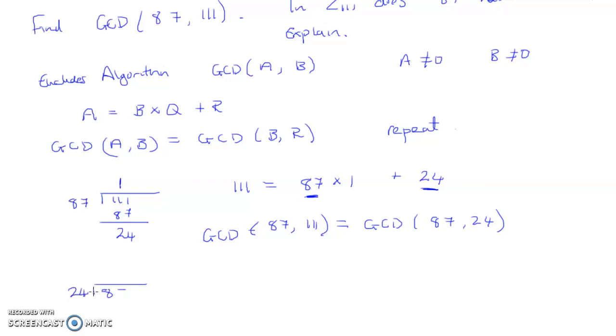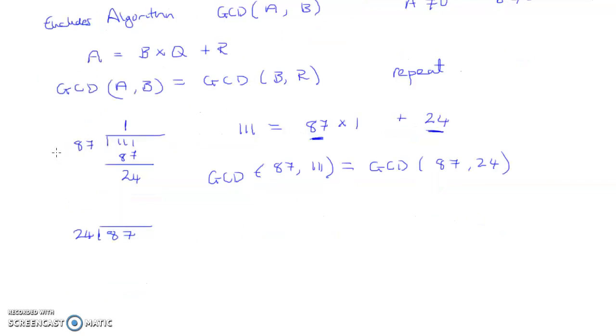How many times does that go? Well, 3 24s are 72, so it goes in 3 times. That gives us 72, and we have a remainder here of 15. So I can say that 87 is equal to 24 multiplied by 3 plus 15.